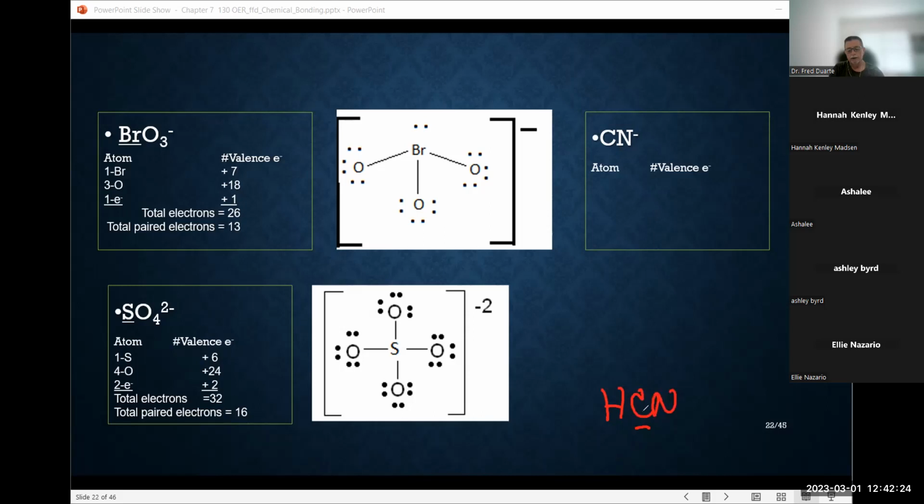Okay. And same process. The only difference now is this is called a cyanide. Okay. And this one here, depending, could be hydrogen cyanide or cyanic acid, depending if it's aqueous or not. So this is neutral, no charge. This is a polyatomic ion, the cyanide.